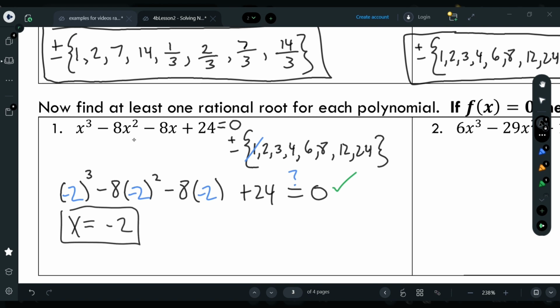Let's see. Find at least one rational root for each polynomial. Okay, we've done that. We found one rational solution. Now, of course, we know that since this is a degree 3 equation, there's going to be a total of 3 solutions. This is only one of them. To get the other two, you could keep checking on the list, and maybe the other two are on there. It's also possible that the other two solutions are not on the list because they could be irrational numbers.